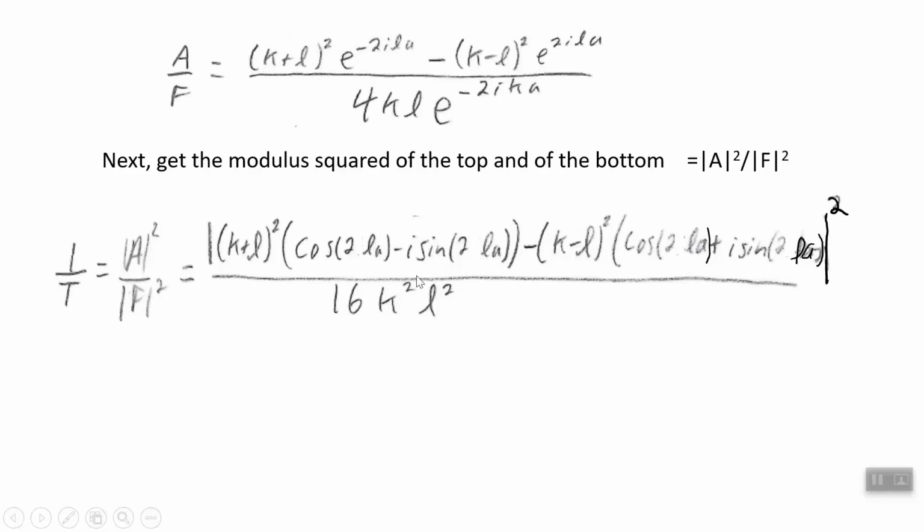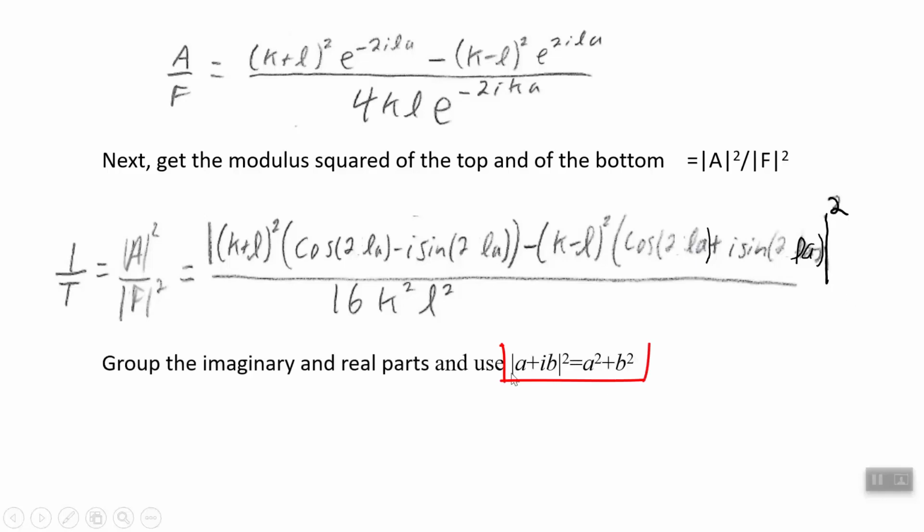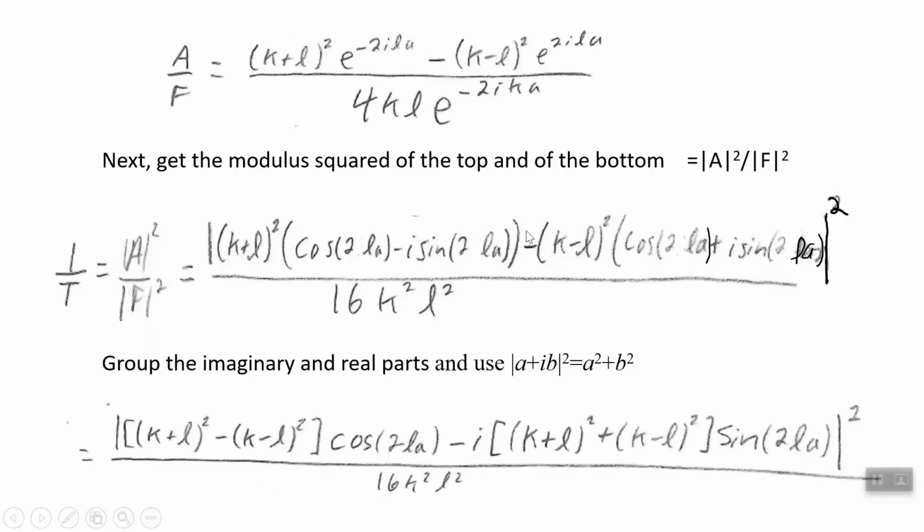The next step is to group the imaginary and real parts and take that modulus squared. We use this rule. The modulus squared of a complex number, a plus ib, is simply the real part, a squared, plus the imaginary part, b squared. We're going to do that to the numerator. So you have the real part, and I squared it, and you have the imaginary part, and I squared it.